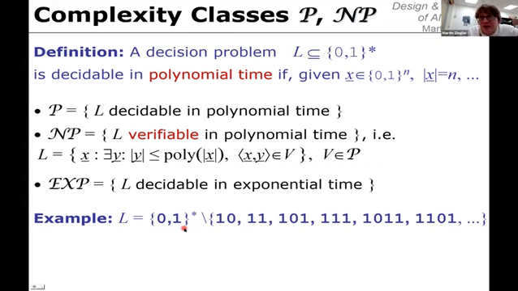These are the binary representations of prime numbers, and having removed them, this is a problem of testing whether a given number is not a prime number. So this is the complement of primality testing.